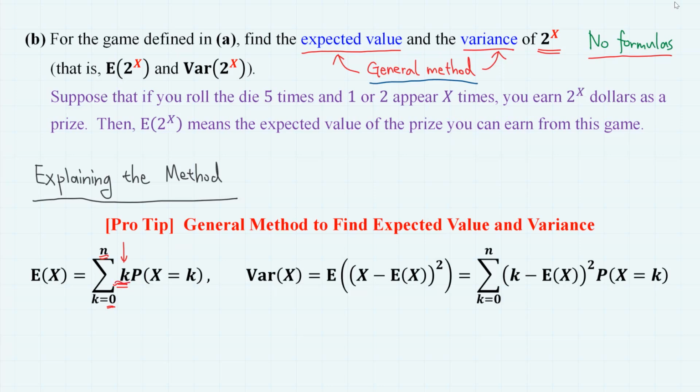Then we have to add up k times the probability of x having the value of k. The definition of the variance is the expected value of the square of the deviation of x from E[X]. Therefore, from the expected value formula, the k part is now changed to (k minus E[X]) squared. So now it's the summation of (k minus E[X]) squared times the probability P(X equals k).